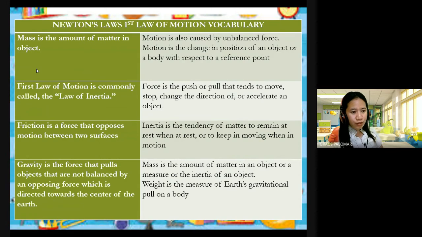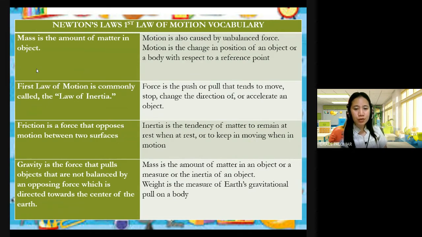First law of motion is also known as the law of inertia. Friction is a force that opposes motion between two surfaces. Gravity is the force that pulls objects that are not balanced by an opposing force, which is directed towards the center of the earth. Motion is also caused by an unbalanced force.